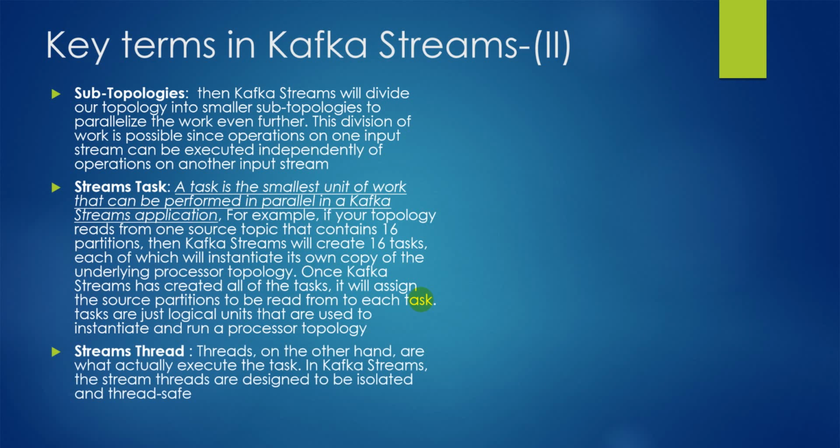And the stream thread. The threads, on the other hand, are what actually execute the tasks. In Kafka Streams, the stream threads are designed to be isolated and thread safe. So we can suppose the stream task is similar to the Java Runnable or Callable interface.